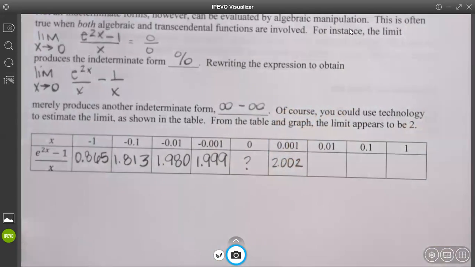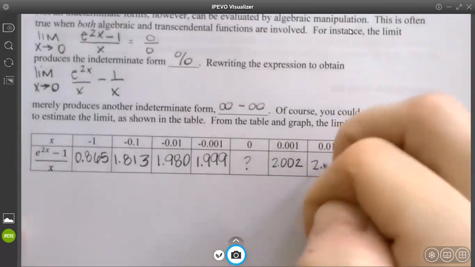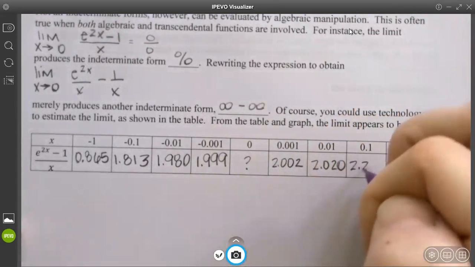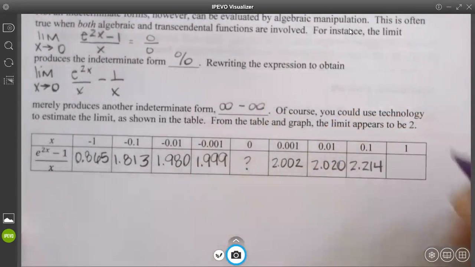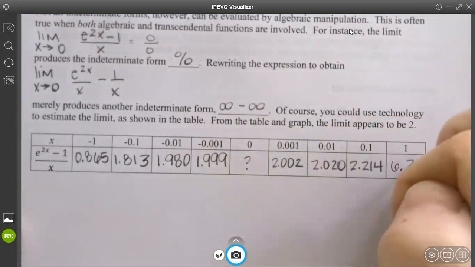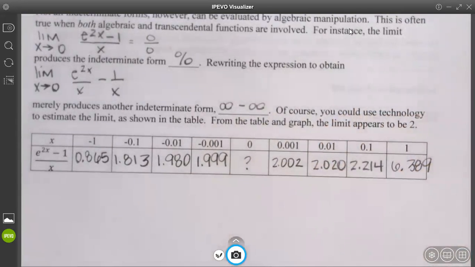Here we get 2.002. 2.020, 2.214, and then we jump to 6.389. So again, as we get to 0, we have 1.999 and 2.002, which is 2.